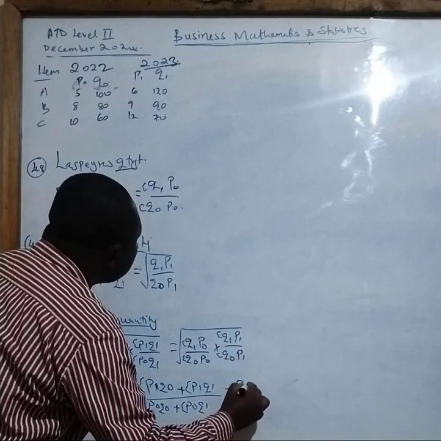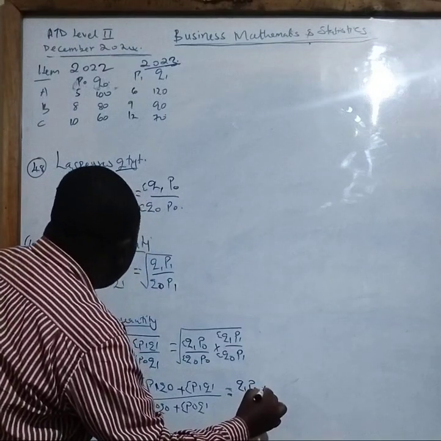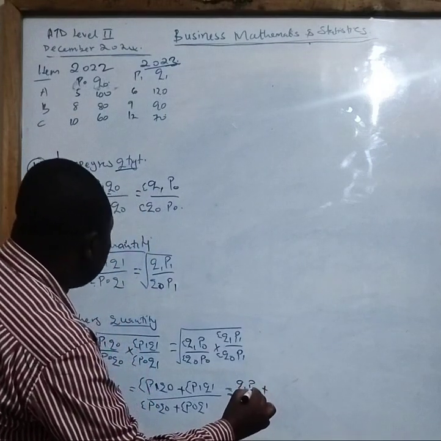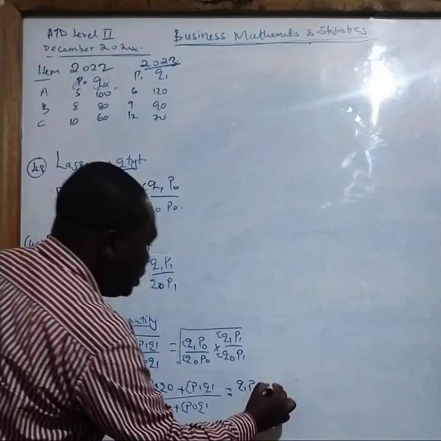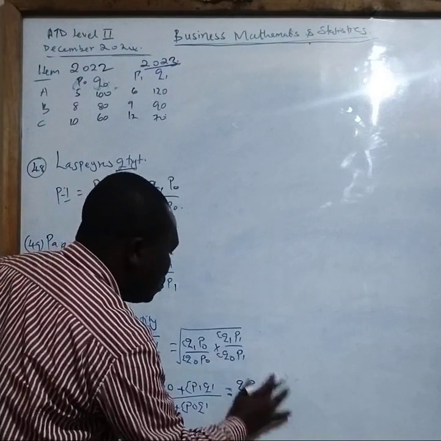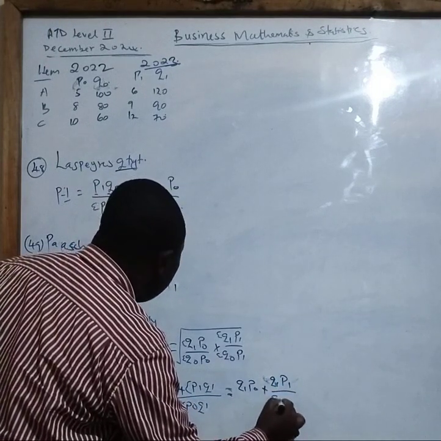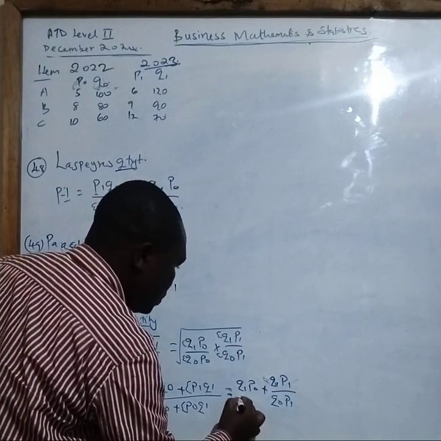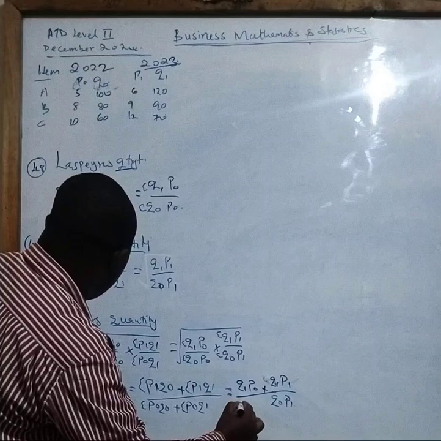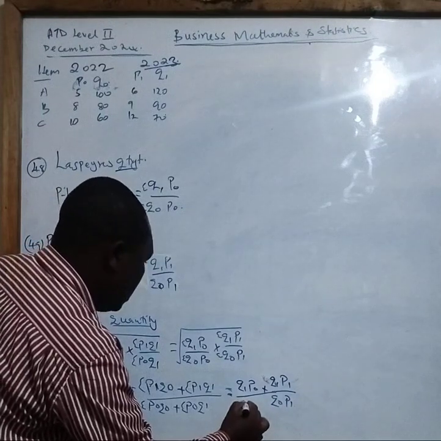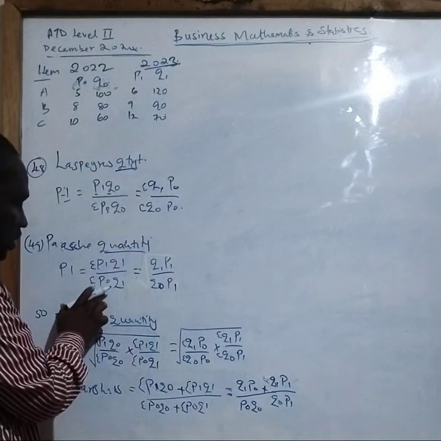It is Q1P0 plus Q1P1 over Q0P0, then on this side I will have P0Q0. So the denominator for this is P0Q1.